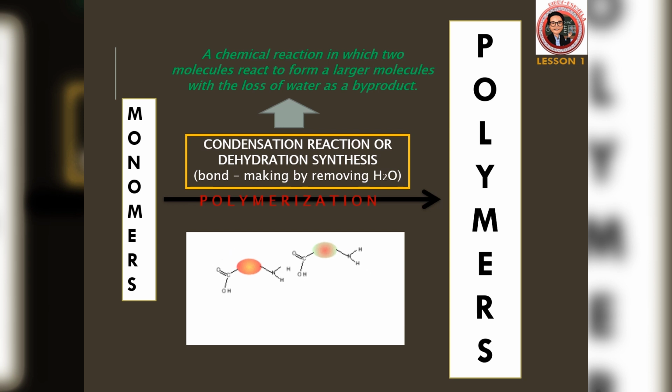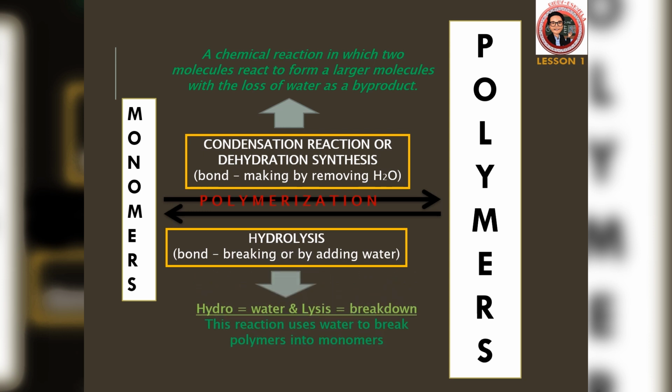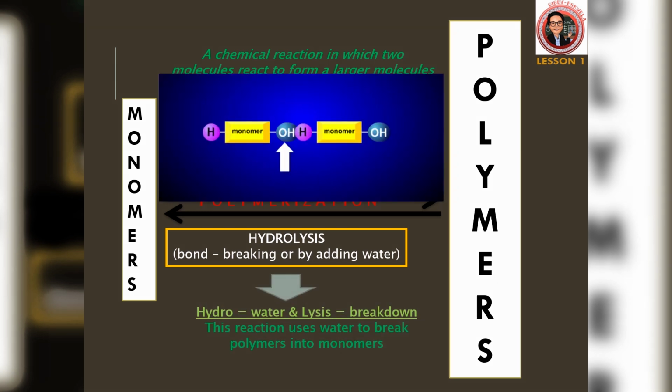For an example, if we combine two monosaccharides, it will form a more complex sugar called disaccharide, and in the process, nare-remove ang water as its byproduct. On the other hand, we have hydrolysis. Hydro means water and lysis means breakdown.